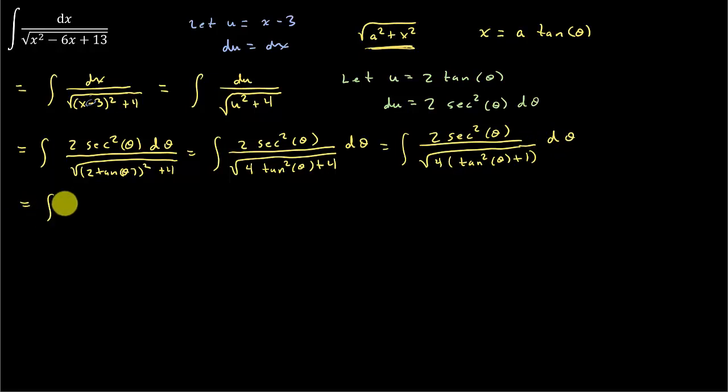Now look, when I take the square root of 4, that's 2, right? And so that 2 and that 2 cancel. So that's secant squared theta over, now this is going to be the square root.